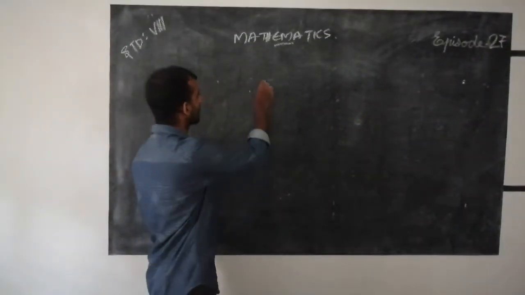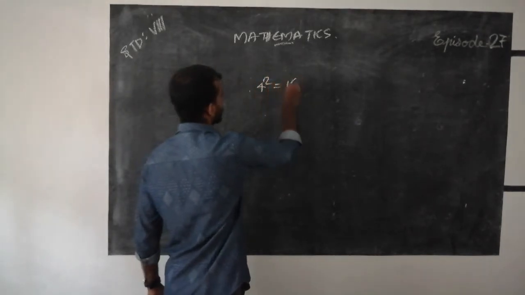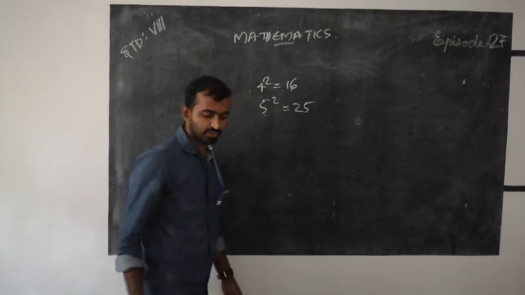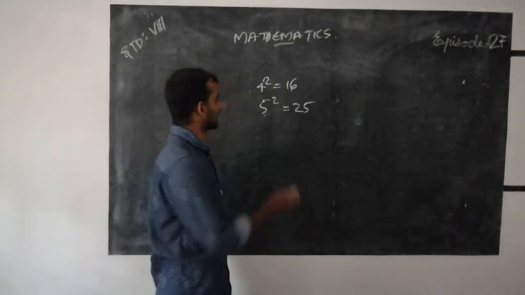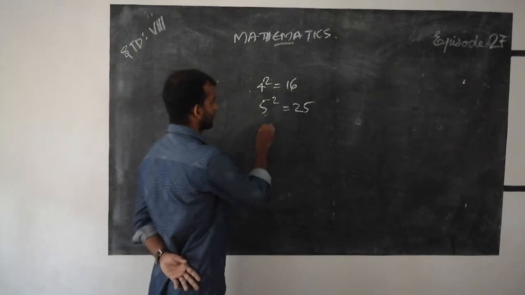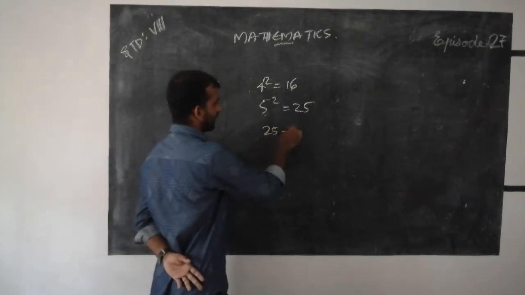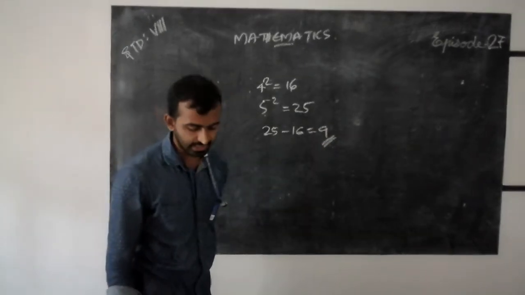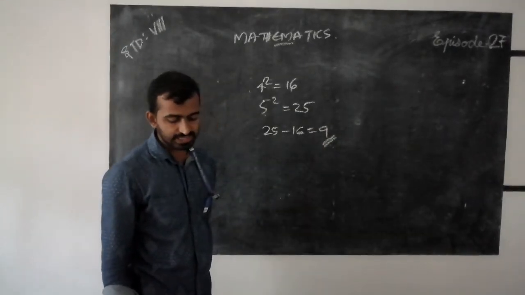For example, 5 square is 25. Is it? Yes. That is, we get 25 minus 16, we get 9. Is it? Yes. What is the reason?